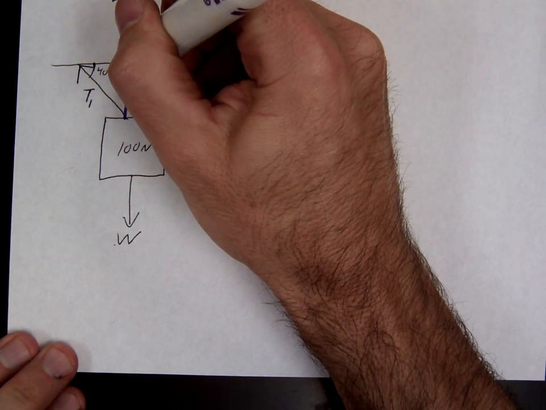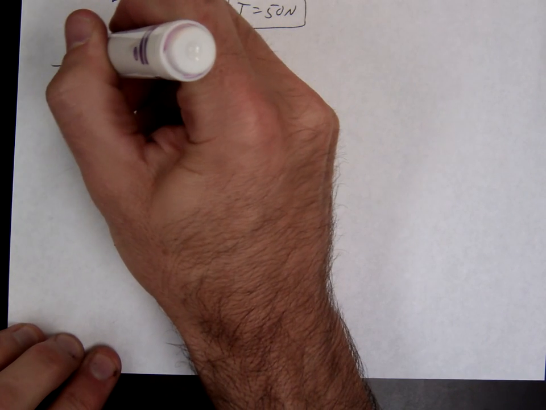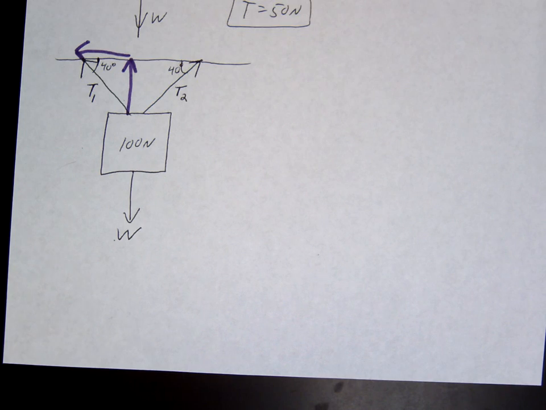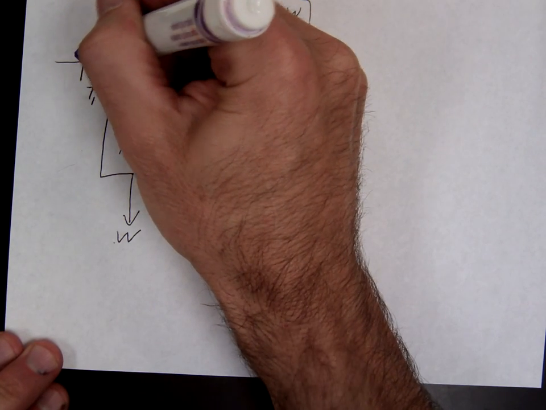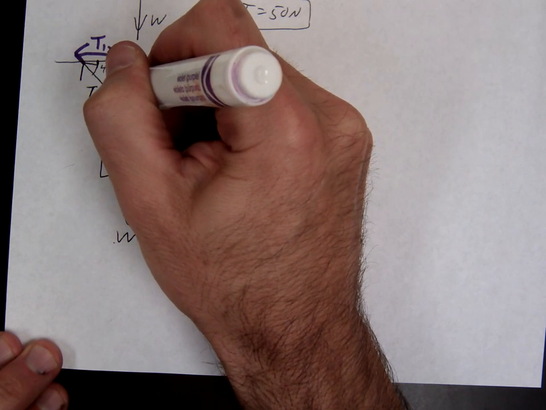So for example, this one right here: part of the force is going up and part of the force is going to the left. So we could call this T1x and this T1y.